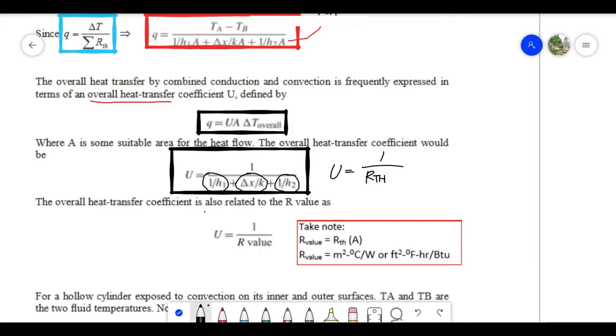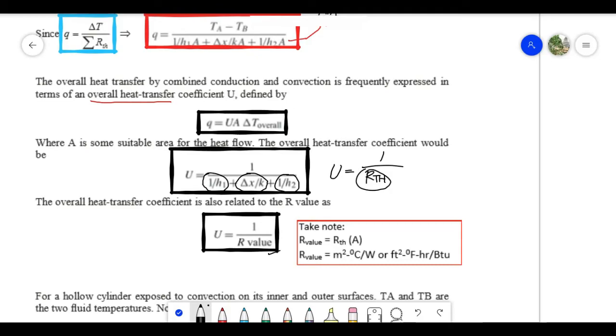Dahil ang U po is 1 over R value. Hindi po siya directly reciprocal lang ng total thermal resistance na R_TH. Okay? So, ang overall heat transfer coefficient U is 1 over R value.